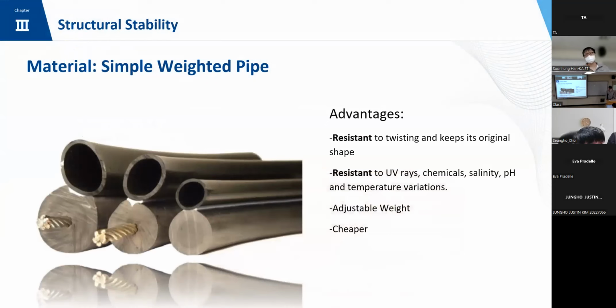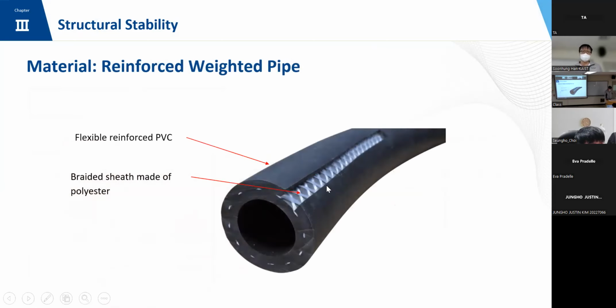The advantages of the simple weighted pipe are that it is resistant to twisting and keeps its original shape, and is resistant to ultraviolet, chemicals, and pH and temperature variation, and it has adjustable weight and is cheaper.